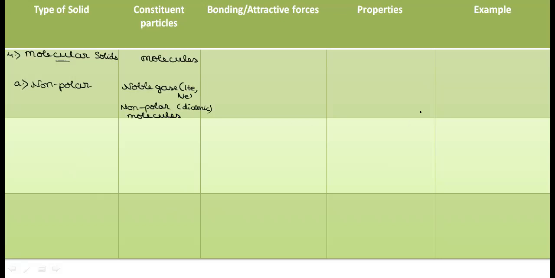For example, if we take noble gases, we can take argon, helium, neon, etc. Or any diatomic solids: hydrogen, nitrogen, chlorine, iodine, etc. in solid form can be taken as examples of non-polar molecular solids.